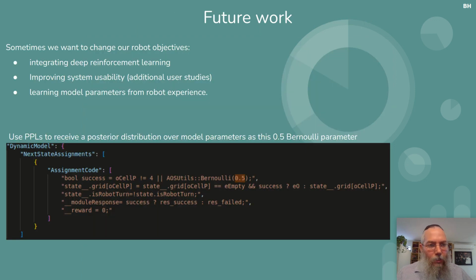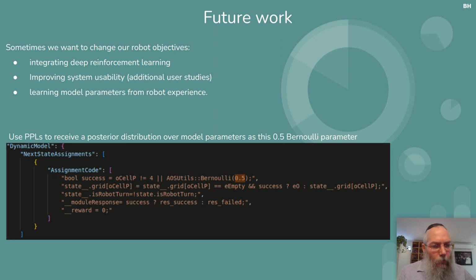Okay. So for future work, we want to integrate deep reinforcement learning to improve the generated policy. We also want to improve the system usability. We conducted a user study, and we want to make improvements and conduct another user study. We also want to use probabilistic programming languages to improve the model parameters from the robot experience.